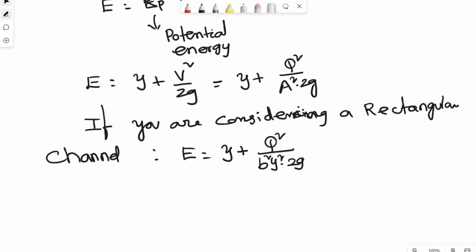This also can be written as E is equal to y plus small q squared by 2g y squared.